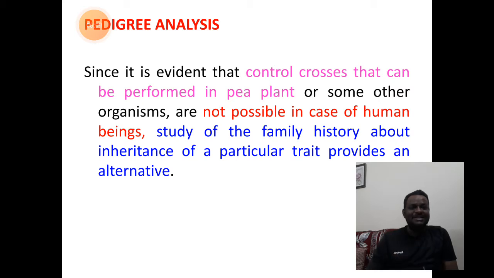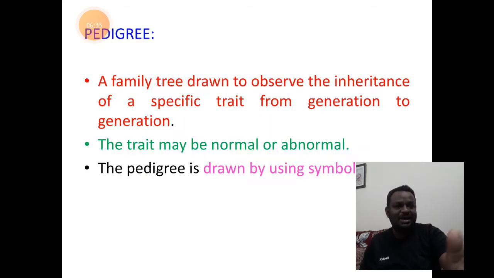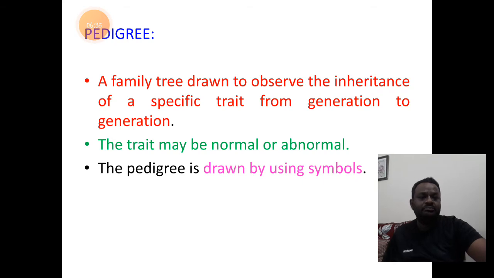So as we have discussed earlier, we can predict the results if a character of a pea plant is crossed. But this is impossible with human beings. The study of family history about the inheritance of particular characters can be achieved through an alternative method which we call pedigree analysis. Now, what does this pedigree exactly mean?